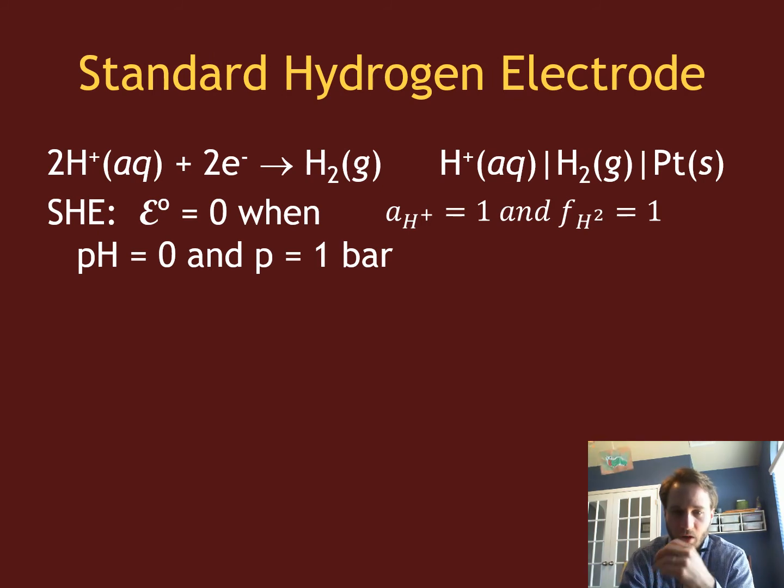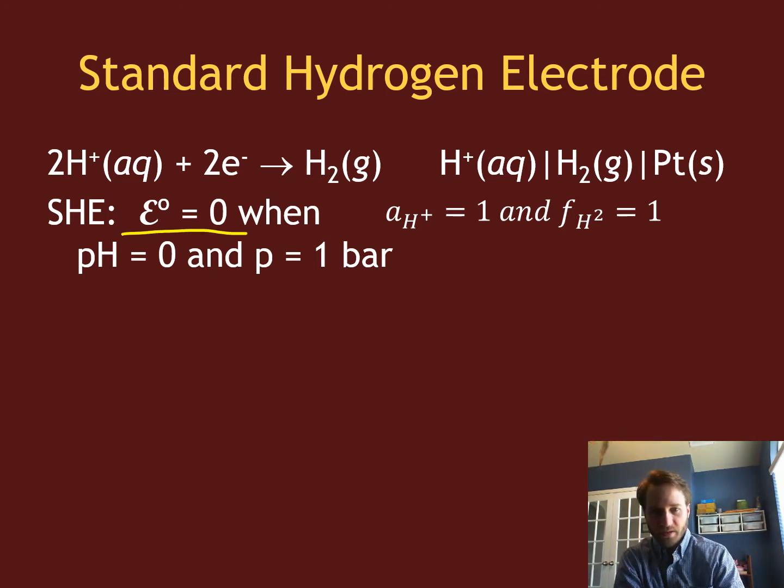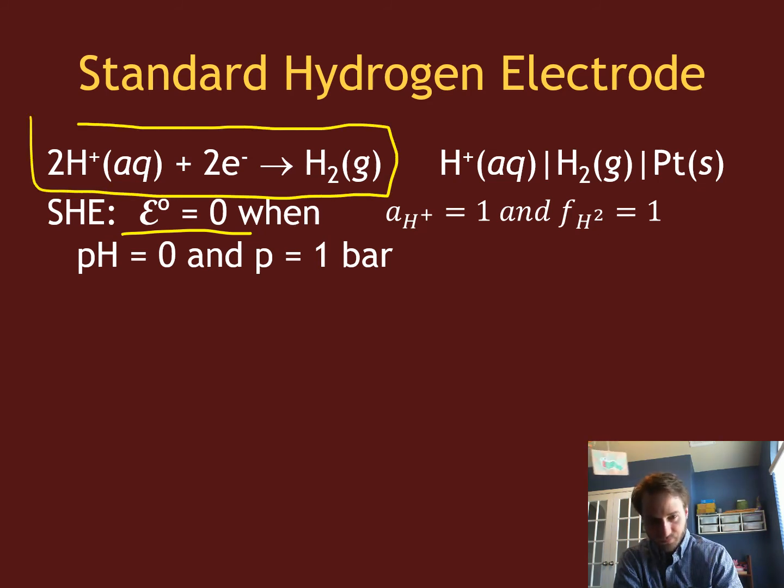The common standard is the standard hydrogen electrode, where at 1 molar concentration of H+ and 1 bar pressure of H2, that cell potential is defined to be 0. So for this half reaction, we just define it to have a cell potential of 0.